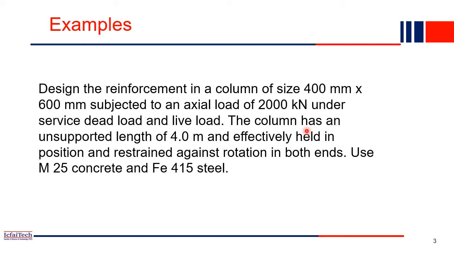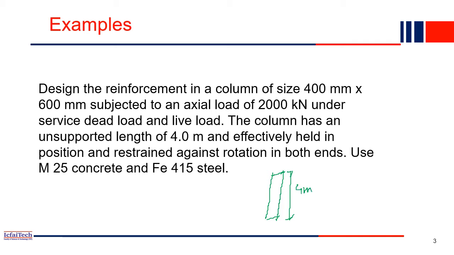Unsupported length means the total length of the column is 4 meter, and it is effectively held in position and restrained against rotation at both ends. Here it is given which type of support is there in the column. So we have a column, and the total unsupported length is given, which is 4 meter.